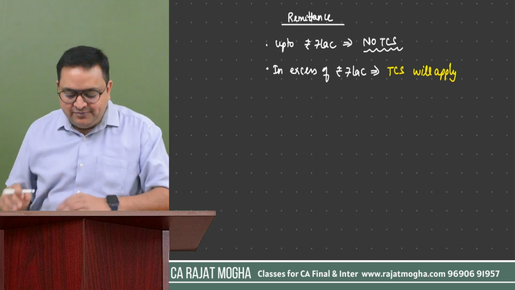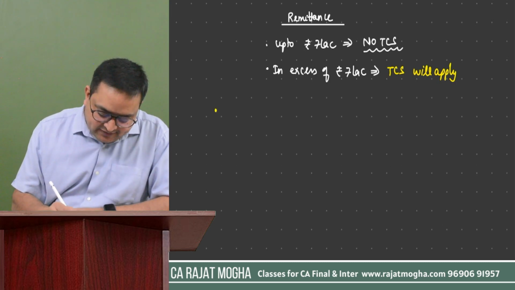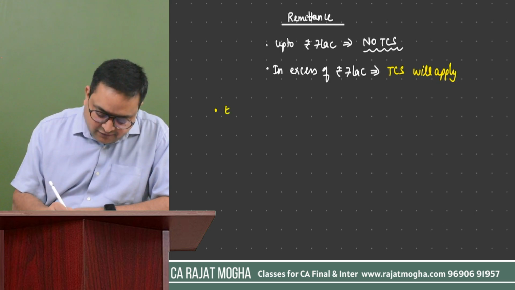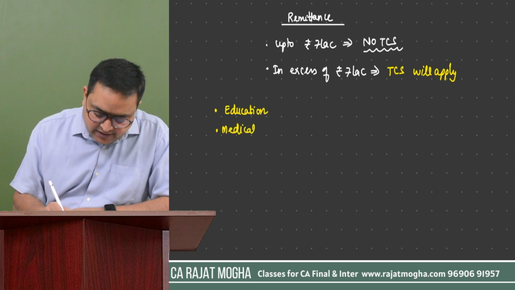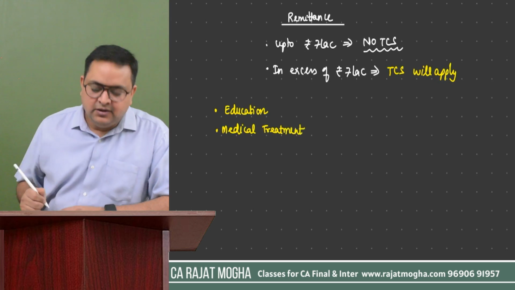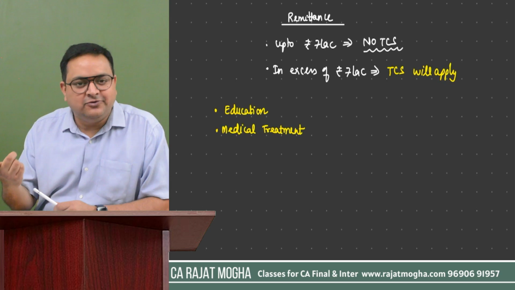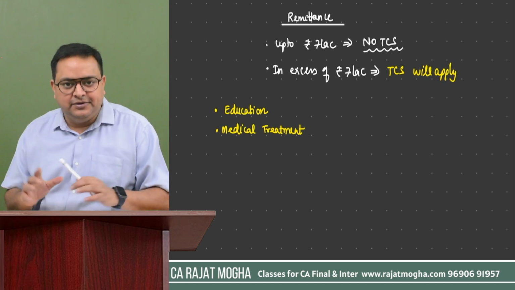So a genuine purpose could be if you are remitting outside India for the purpose of education or for the purpose of medical treatment, right? These are quite genuine purposes.